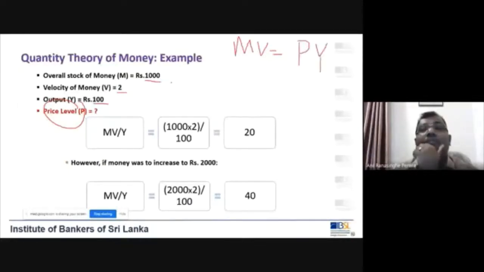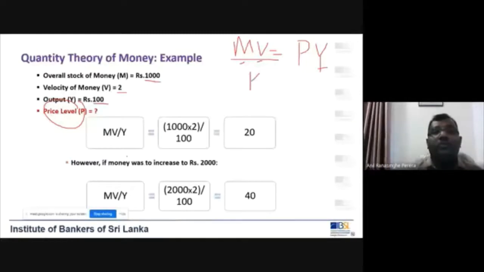We have M, we have V, we have Y. If you input all this information, you can calculate P, the price level. So it's simply MV divided by Y equals P. So 1000 into 2 divided by 100, where 100 is the output. So you get the price level as 20.